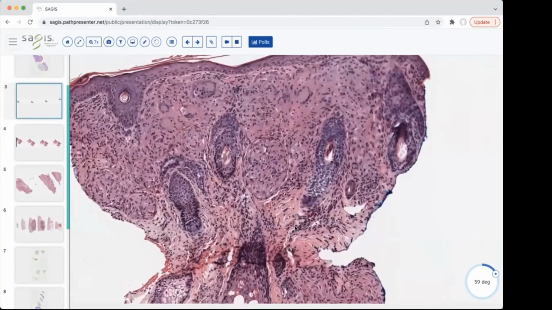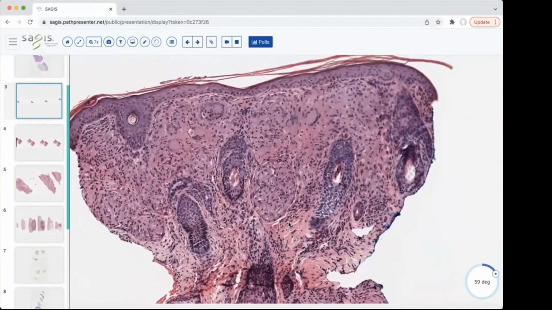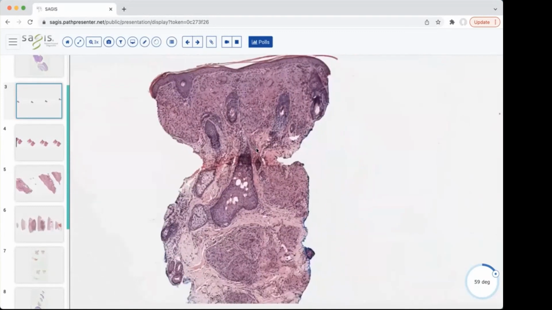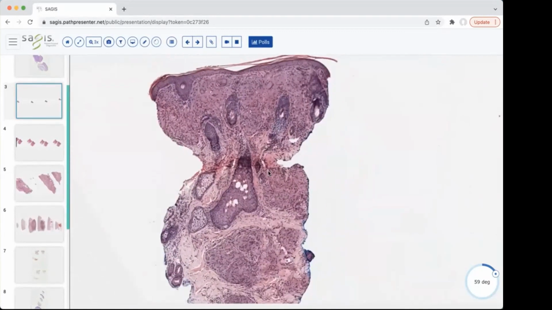So this is a sarcoidal granulomatous dermatitis, like we said. This diagnosis is actually cutaneous sarcoidosis. You do need to do bug stains to rule out some infections that can look similar. Sometimes even a foreign body could cause a sarcoidal granulomatous dermatitis, so it's really a diagnosis of exclusion. Sarcoidosis is in the skin and systemically, as you all know.